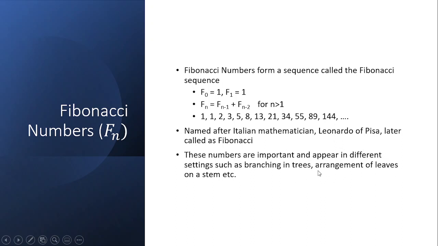Similarly, the way the leaves are arranged on a stem also kind of follows the Fibonacci sequence. Now another important characteristic of Fibonacci numbers: the ratio between two consecutive Fibonacci numbers approaches the golden mean, or the golden ratio.